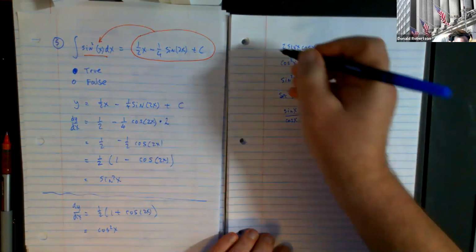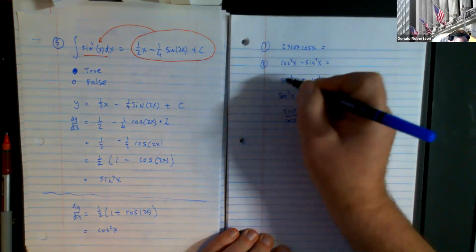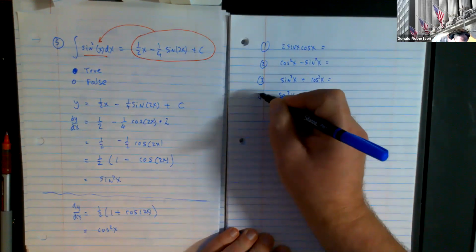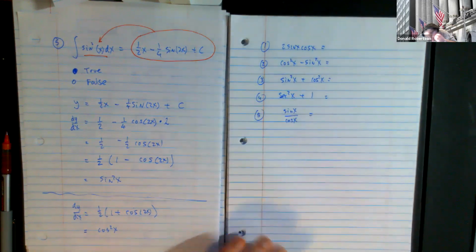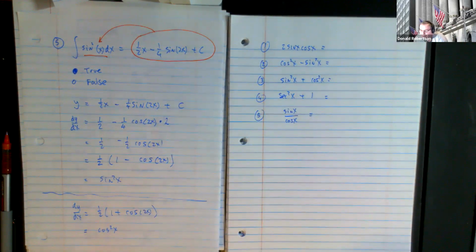I'll give them numbers. Numbers 1, 2, 3, 4, and 5. Does anybody know what any of these 5 is equal to? It doesn't need to be the first one. Whatever one you happen to know the answer to, tell me.